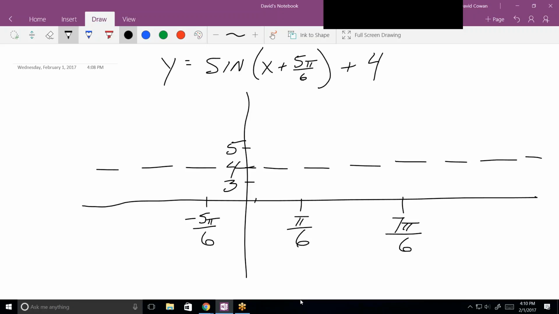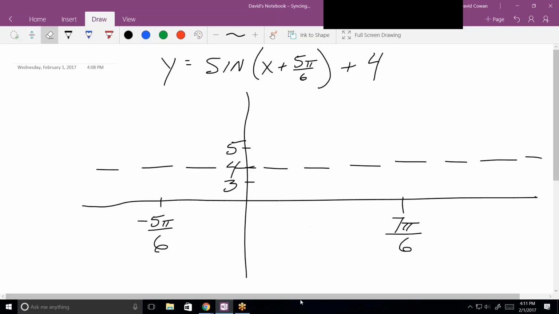And this point here is what? Yeah, I got it on the wrong side too. Hold on a second. Let me do this a little different. Let me put my 5 pi over 6 a little bit further left. Minus 5 pi over 6 is there. And this one would be negative 2 pi over 6?